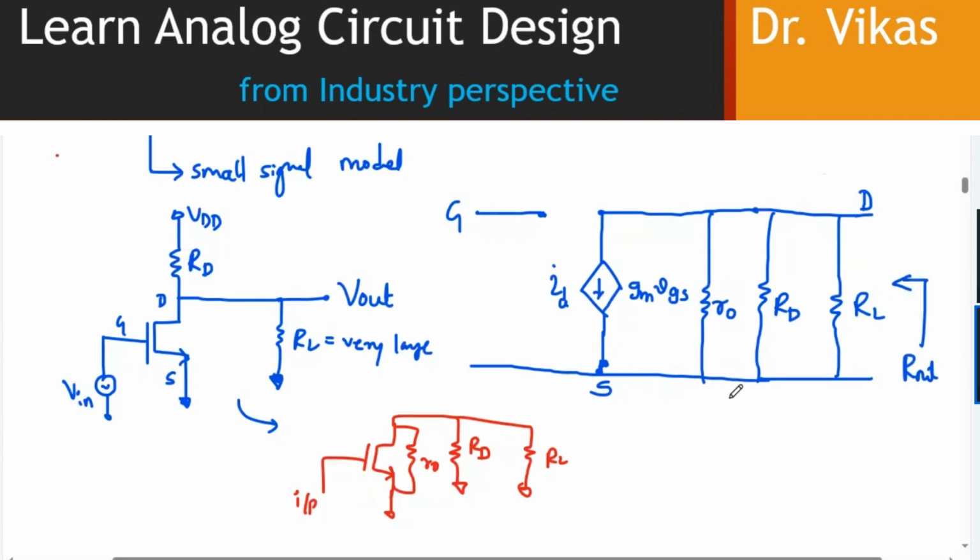So if I figure out Rout, that will be the parallel combination of r0, RL, and RD. r0 we will calculate through the simulation; RD and RL are known values that will be given. So if I do the parallel combination of all those, I get Rout, my output resistance. This is basically how we calculate the output resistance.